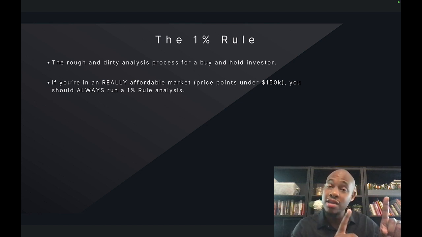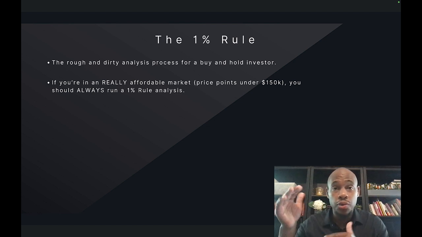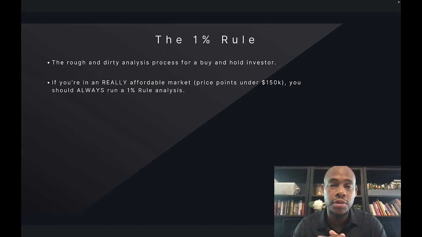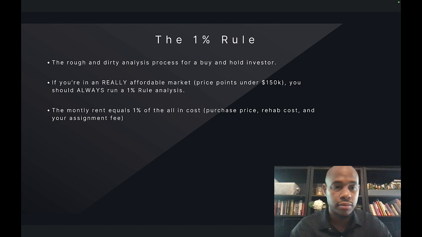You can run the flip analysis of the 70% of ARV minus repairs, and you can also run the 1% rule analysis. You can know both. Why not, right? You know from the flipper's perspective, and now you know from the buy and hold perspective. And if the actual property works for both, you got a golden property, and you'll include that in the email that you blast out to your buyers.